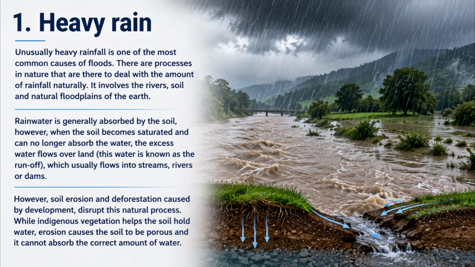This water is known as the runoff, which usually flows into streams, rivers, or dams. However, soil erosion and deforestation caused by development disrupt this natural process. While indigenous vegetation helps the soil hold water, erosion causes the soil to be porous and it cannot absorb the correct amount of water.